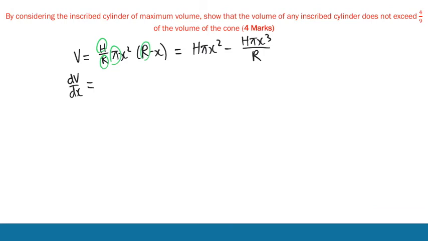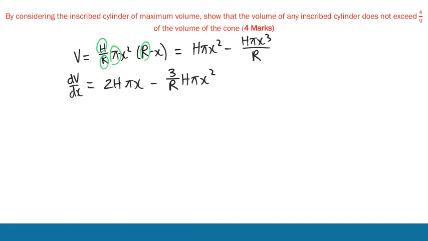The first term, the 2 comes out the front, and subtract 1 from the power. Remember, h and pi are just constants, they just sit there. From there, the next one, in a similar way, is 3 on r, h pi x squared. So that is the differentiated version of our volume formula.